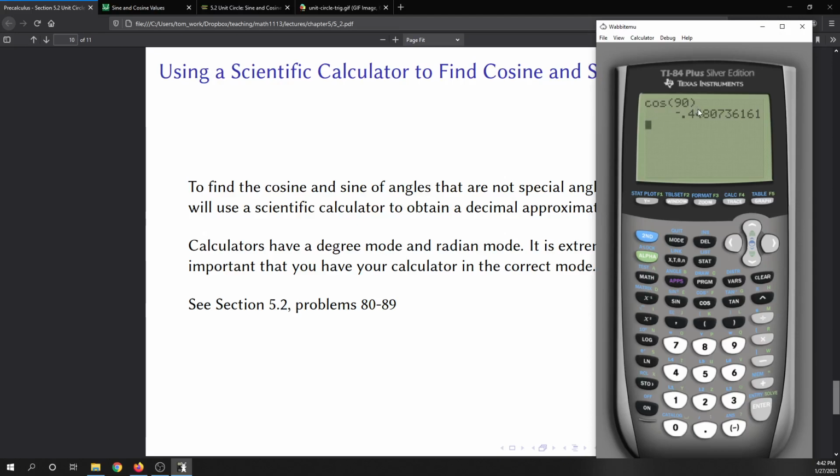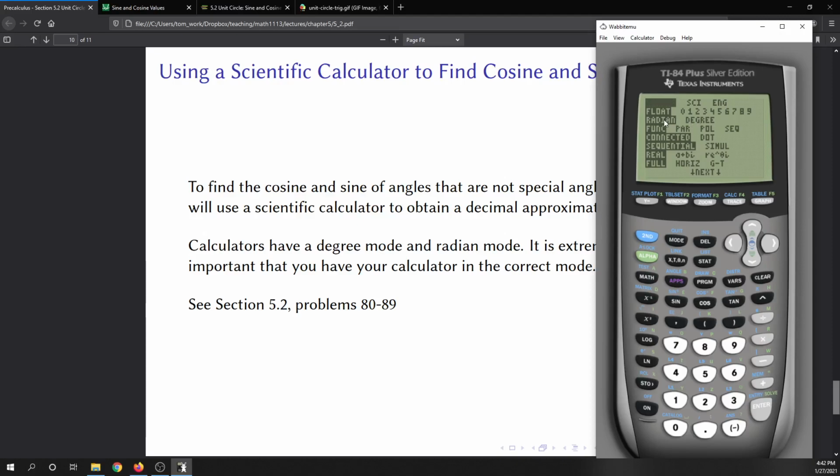So if your calculator doesn't display DEG or RAD right on the screen, you're going to have to figure out which mode you're in. On this calculator, and it's going to be different for different models, you hit mode. You might have something similar on yours, and then you can see here it has radian and degree.